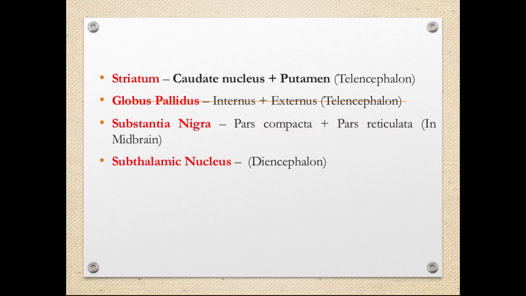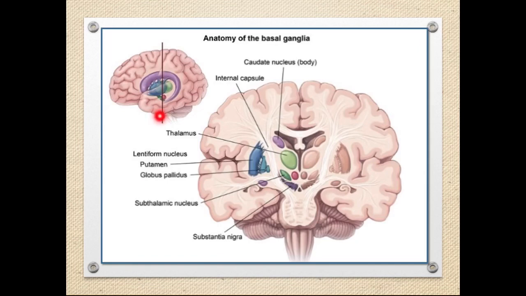So, if this is how we look at the brain from the lateral aspect, and if we do a vertical section through this black line, then it will appear as if we have removed this part away and we are looking from the back side, from behind posteriorly, and it will appear this way.